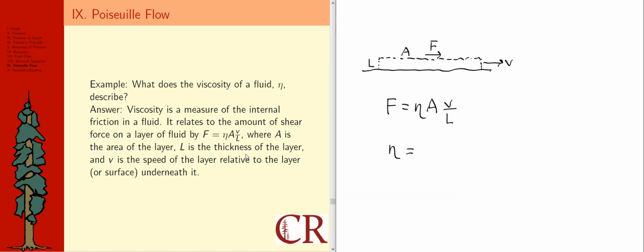I might not remember what it is unless I look it up online, but I think I could find it just using some algebra. If I multiply both sides by L, that's going to multiply that force, and then if I divide by speed and area, I'd get a formula that looks like that. You might see that in some different forms, but that's just another formula for viscosity.